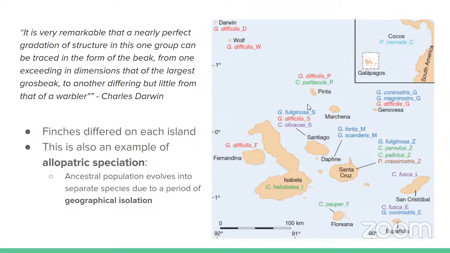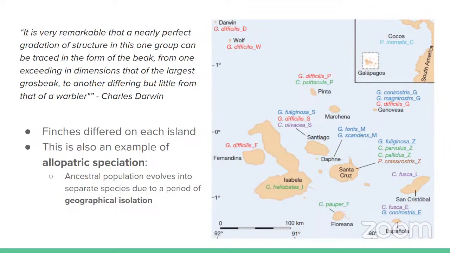So this also makes a good example for another important term related to evolution, which is allopatric speciation. So in allopatric speciation, this is talking about the spatial reason for the speciation. So when we're thinking about adaptive radiation, we're thinking about movement into niches.